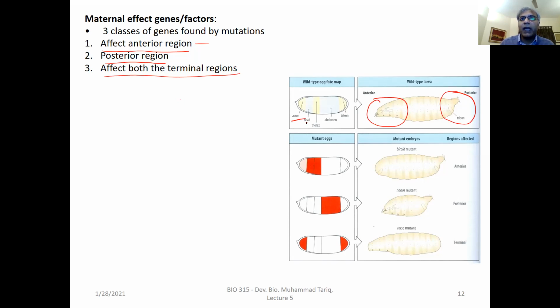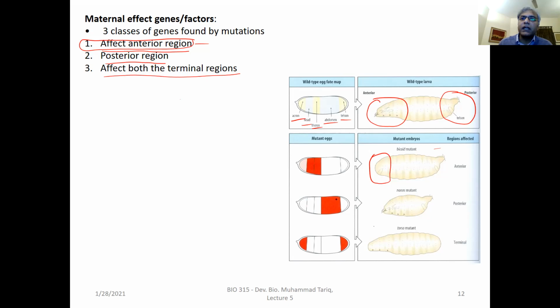So on the anterior, you have acron, head, thorax, abdomen, and telson in the embryo. This class of mutant shows defects only in the anterior region. The posterior was fine, the middle part of the embryo was fine, but the anterior was missing. The acron was missing.